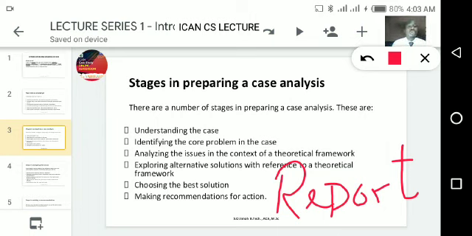Now, you have to present your analysis in a written report. And this is the whole essence of case study. You are expected to write a report and you submit the report. It's the report that will judge your understanding, or that will show your understanding of the case.